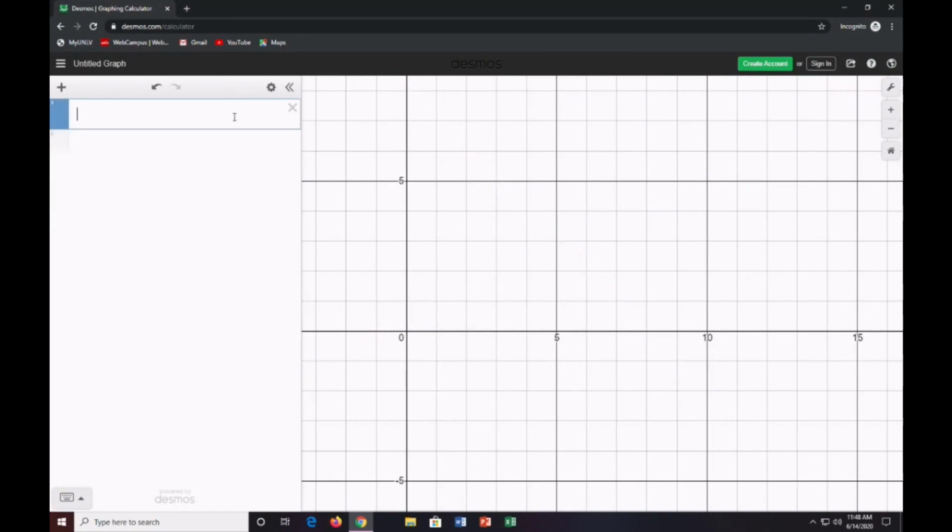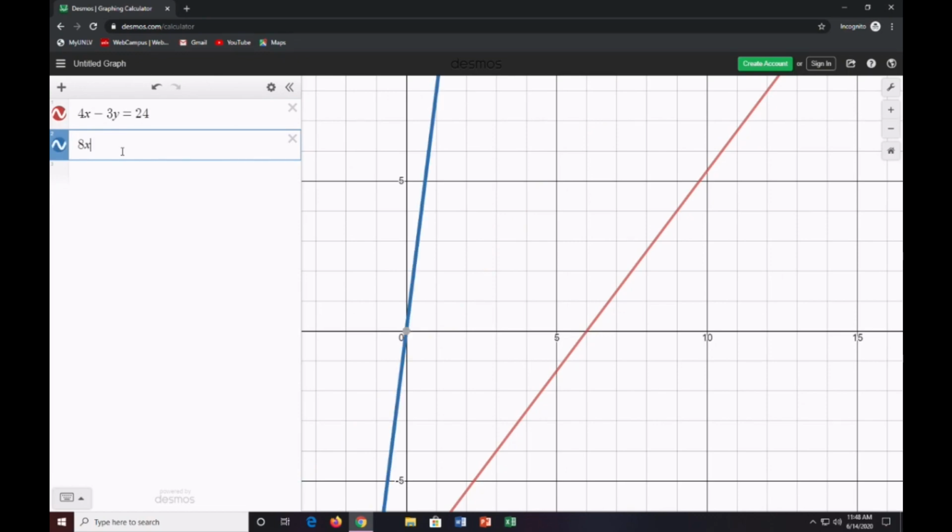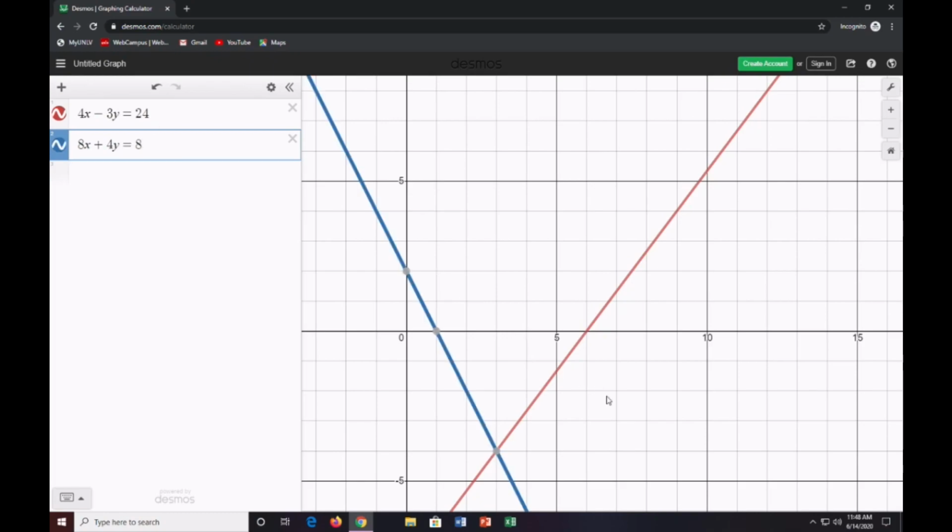Okay, so we have 4x minus 3y equals 24, and 8x plus 4y equals 8. Right?